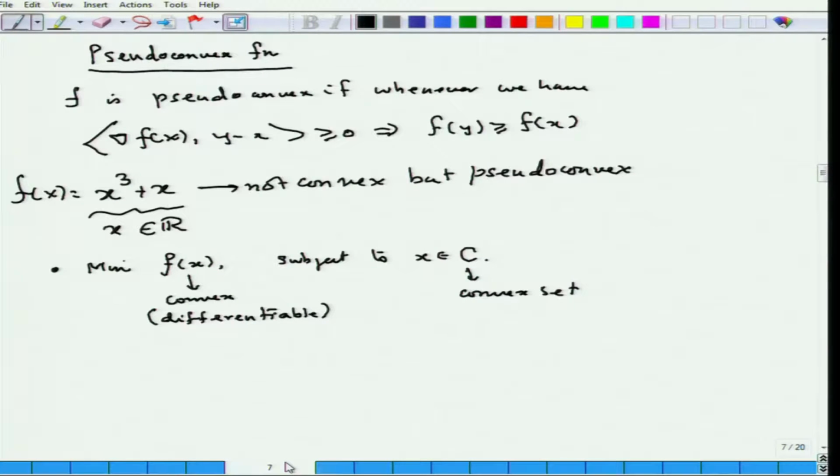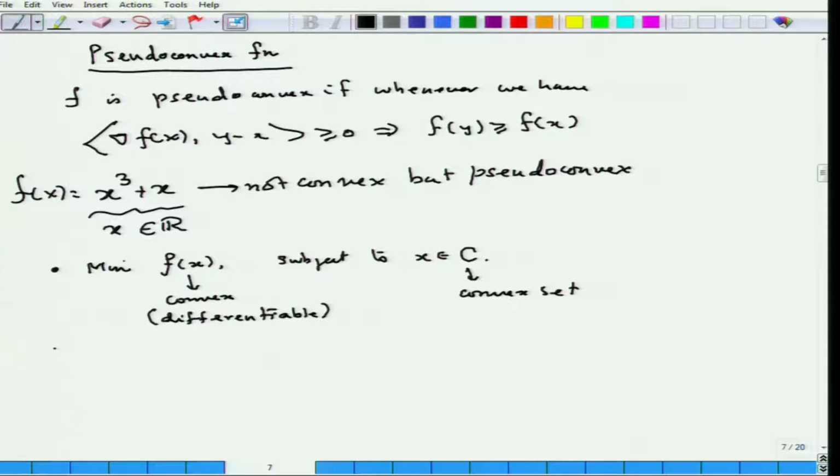Now if I take a global minimum of this problem, because for any convex function over a convex set, if it has to be minimized, every local minima is global, that you already know. So, is there any characterization in terms of the gradient and in terms of elements of C which would always give me a necessary and sufficient condition? So, how to do this?